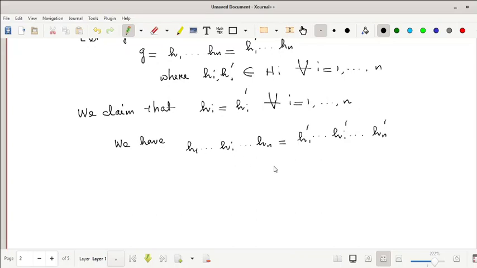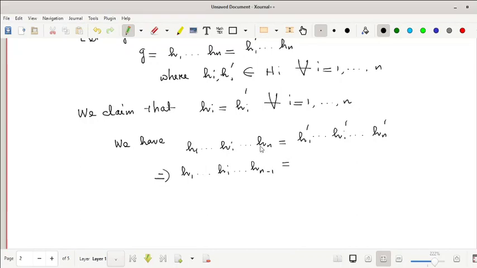Let us multiply by hn, say hn inverse. This will imply h1 h2 ... hi ... hn minus 1.